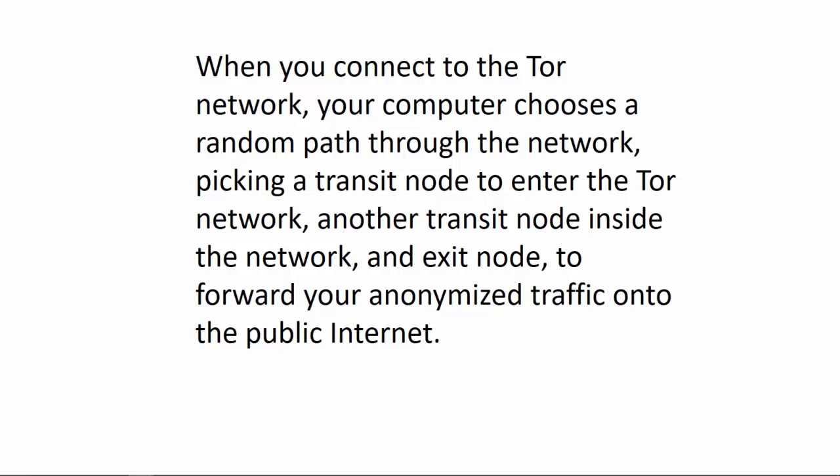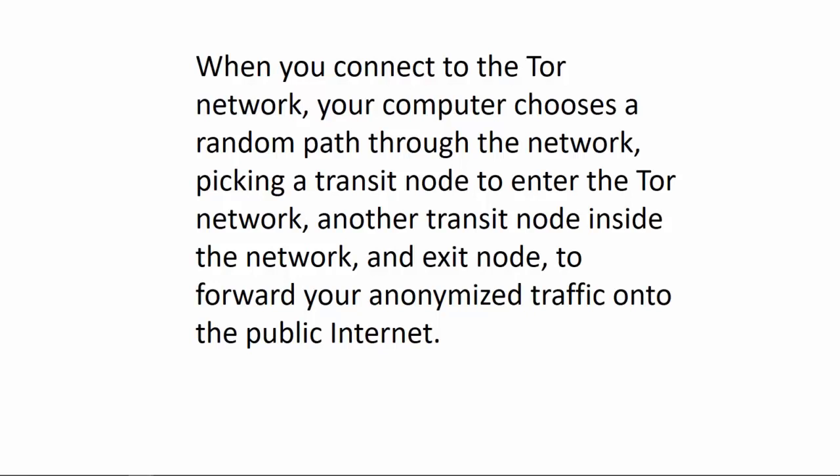When you connect to the Tor network, your computer chooses a random path through the network, picking a transit node to enter the Tor network, another transit node inside the network, and an exit node to forward your anonymized traffic onto the public internet.